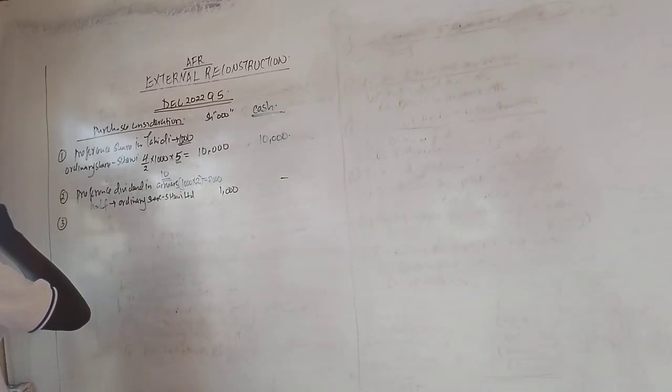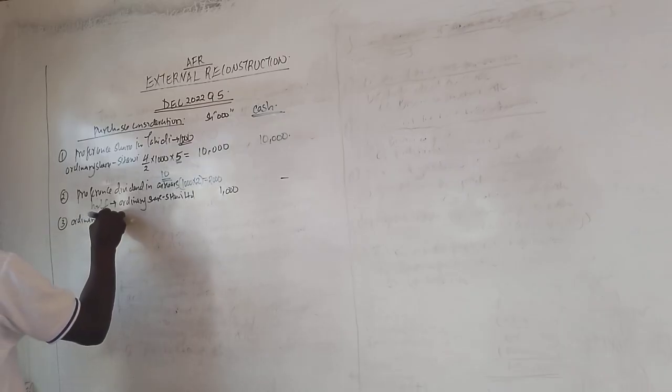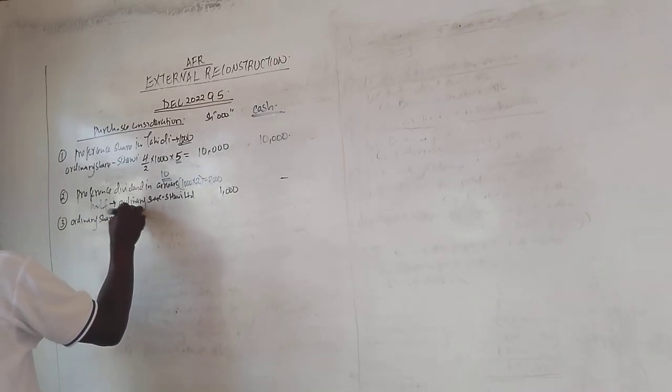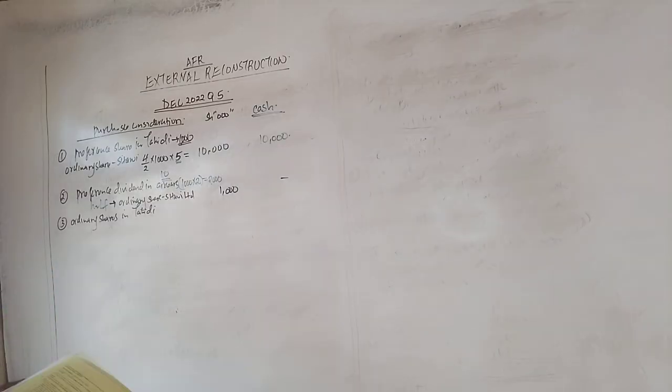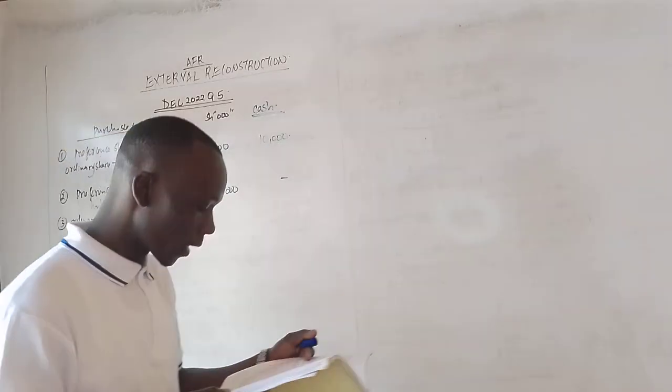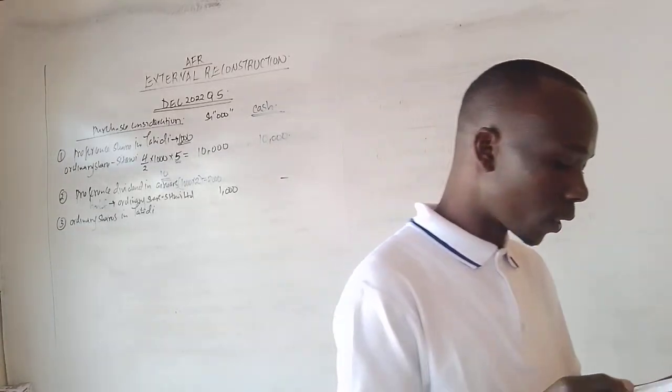So number 3, we are going to talk about the ordinary shares in Tahidi. How many shares were in Tahidi? Let us get them. The ordinary share capital, you are given 20,000. The par value is 10.